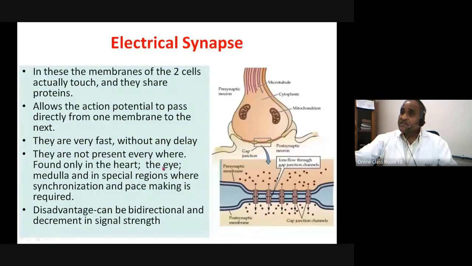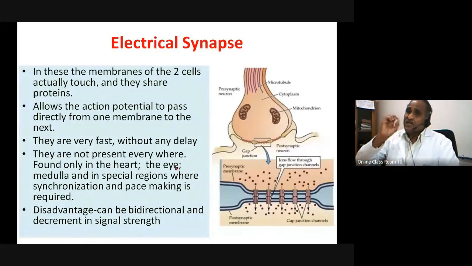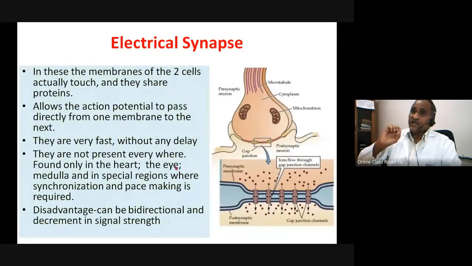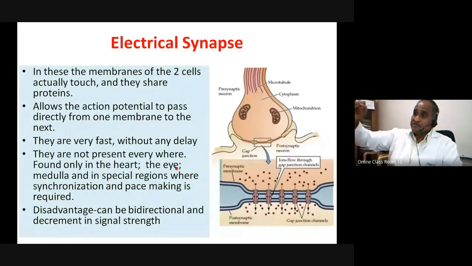They are present in our retina, that is in the eye, wherein the signals are off centers and on centers. They work together. They are also present in certain areas of the brain and brainstem, where pacemaking activity is required. Just like our respiratory pacemaker, the respiratory activity is generated in a ramp signal.